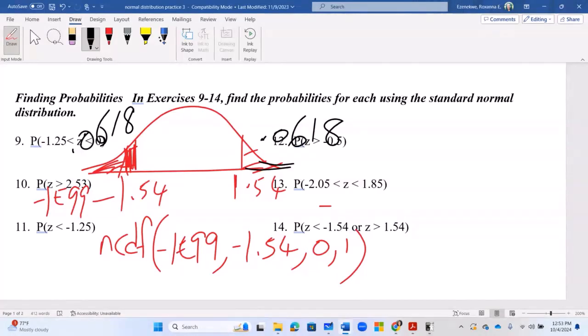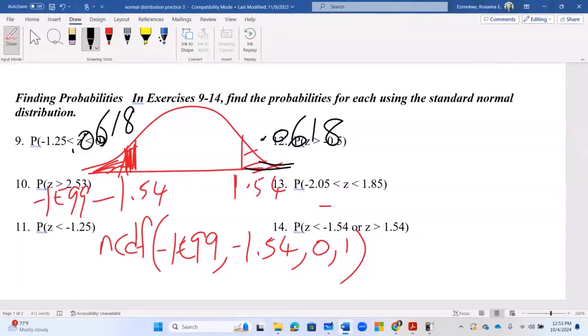So whenever you're told to find the probability of the area on the normal curve, z less than, z greater than, you're supposed to add them up, because OR in probability means addition.